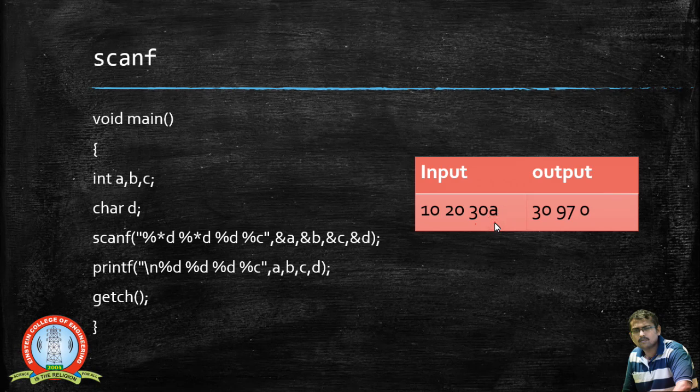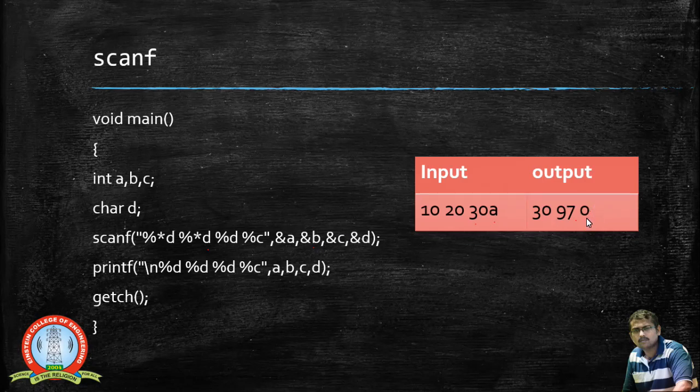Now when you look into this, A is a character, but B is an integer. So ultimately the corresponding ASCII value for the character, which is 97, will be stored in B. And what about C and D? C and D don't have any input.